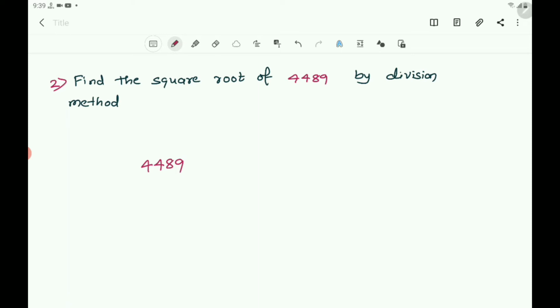Put the bar over the 2 digits 89 under one group, and 44 under the second bar. Here also there are 4 digits, so you can have a pair of 2 digits in each case. So you got 2 pairs of 2 digits.